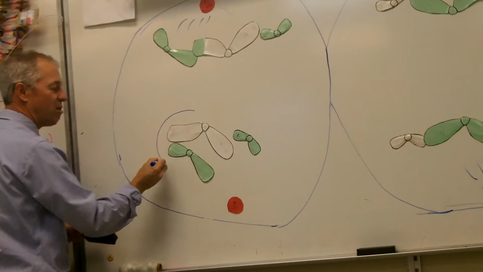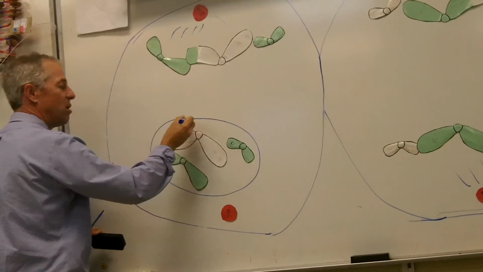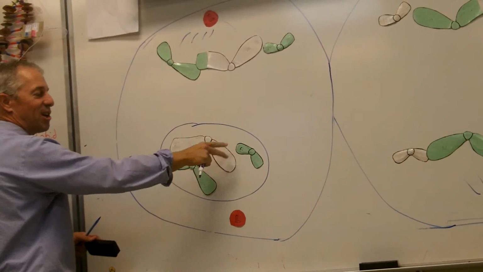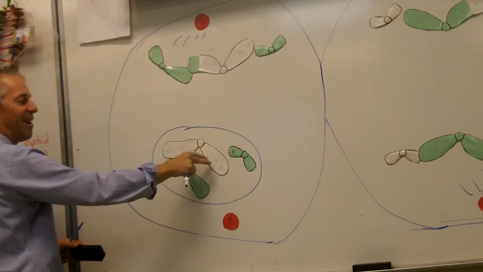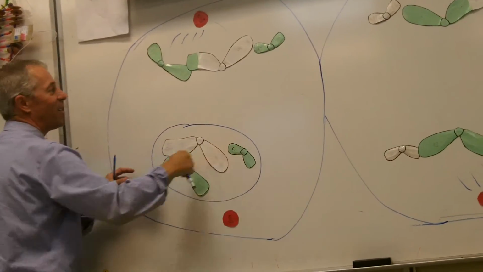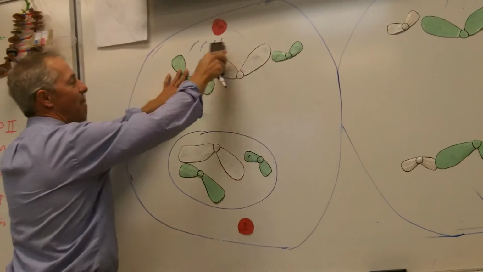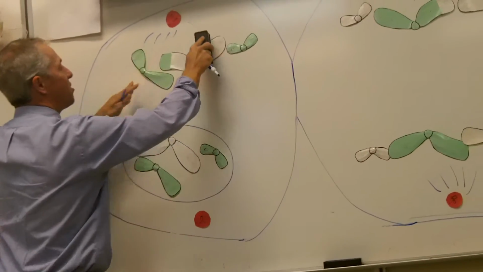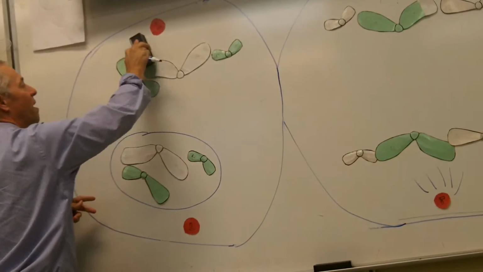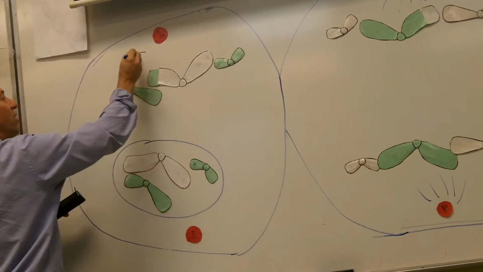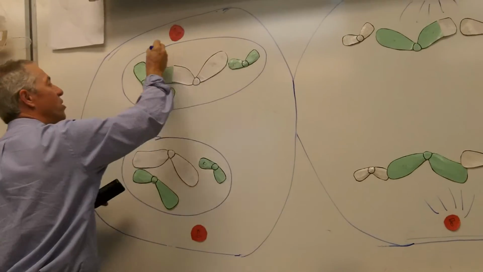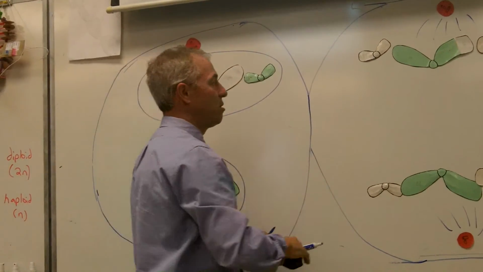A new nuclear membrane forms. And what happens to the chromosomes? Just yell it out. They uncoil. They uncoil. Very good. So that's going to happen in all of these. Chromosomes reach the end. Spindle fibers disappear. New nuclear membrane forms. Chromosomes uncoil.